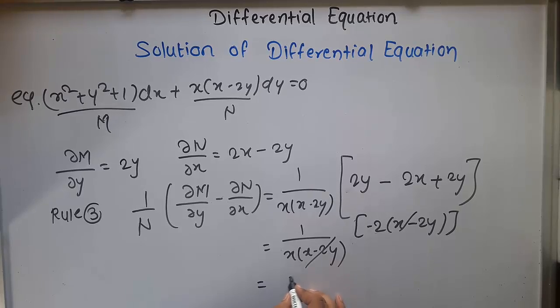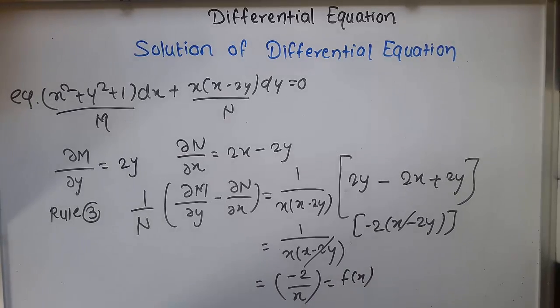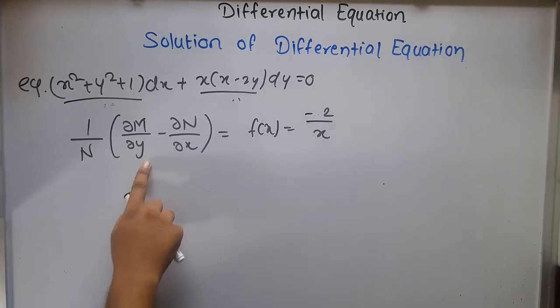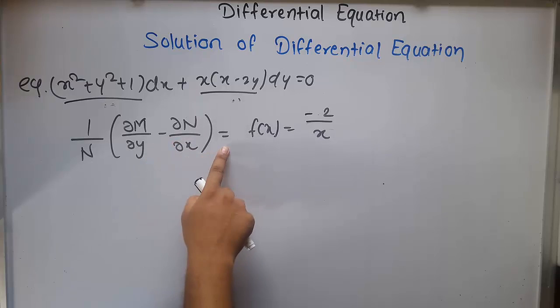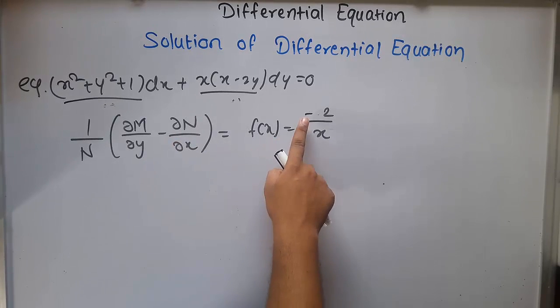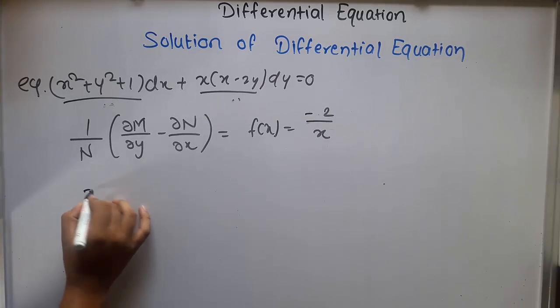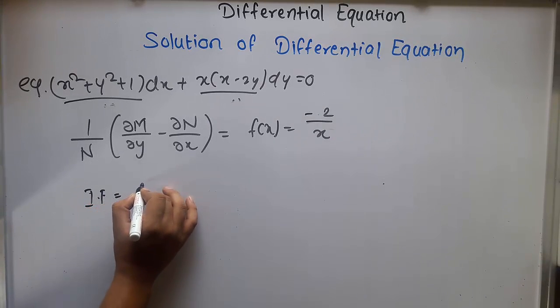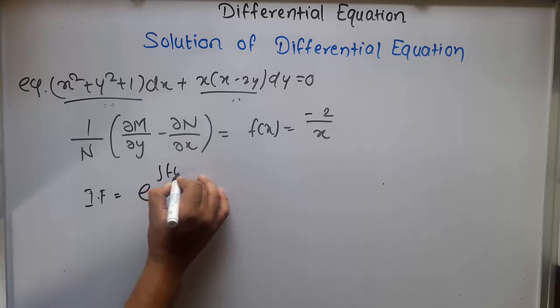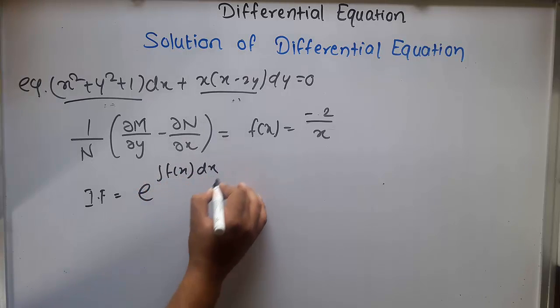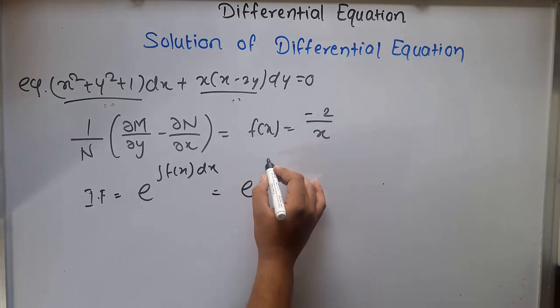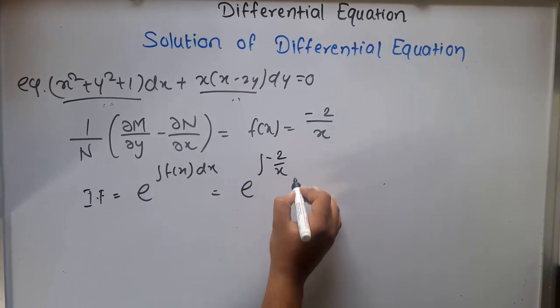Our expression becomes minus 2 upon x, which is a function of x, f of x. By finding 1 by N, del M by del y minus del N by del x, we got a function of x, minus 2 by x. So our integrating factor will be e raised to integration of f of x dx, so that will be integrating minus 2 by x.